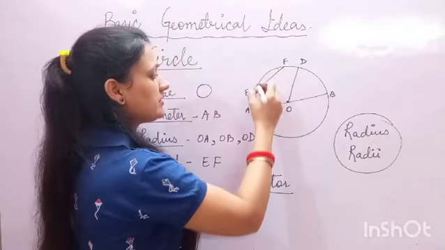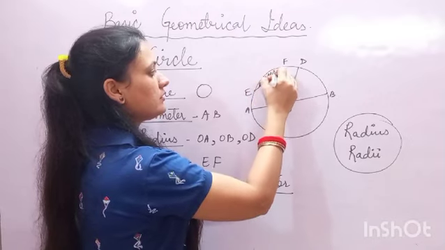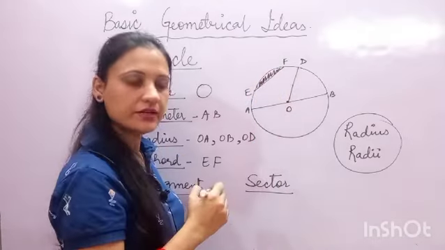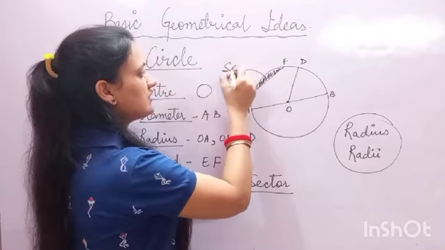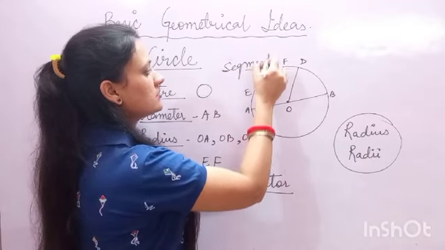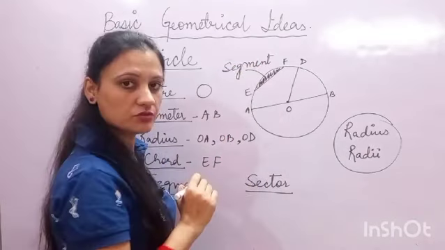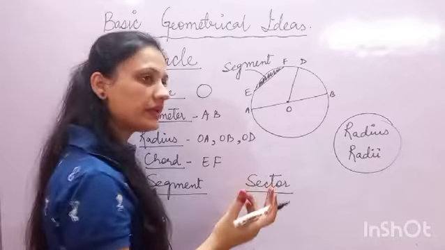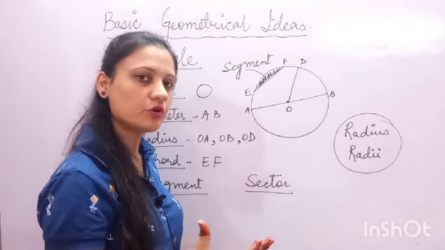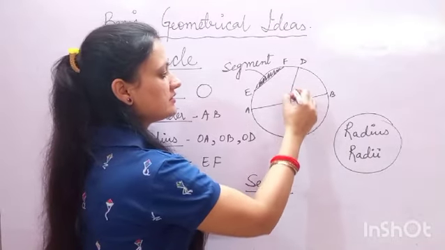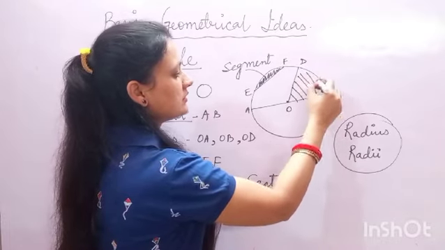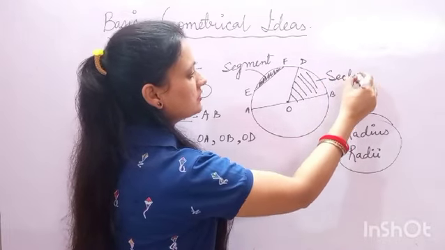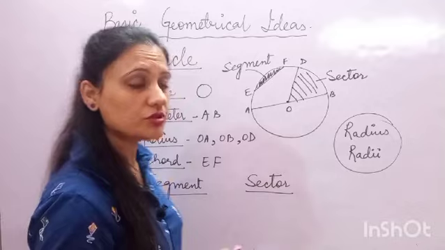A segment is the part with chord and arc, right? This is called segment. This is called segment, okay? And what is the sector? Again, in a sector also an arc is involved, but with the radii. This is called sector of a circle. I hope you understood.